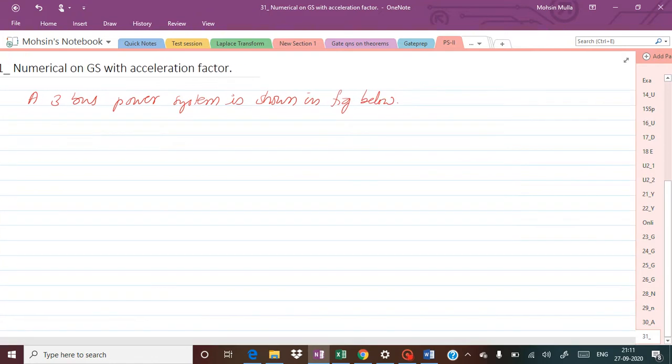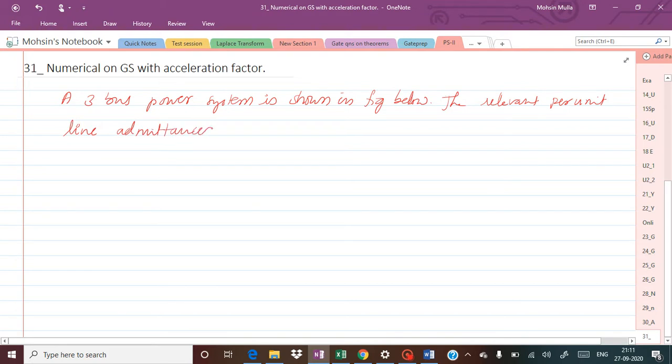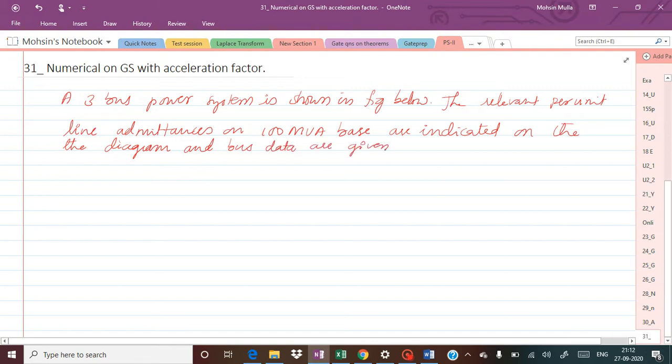The relevant per unit line admittances on 100 MVA base are indicated on the diagram, and bus data are given in the table.